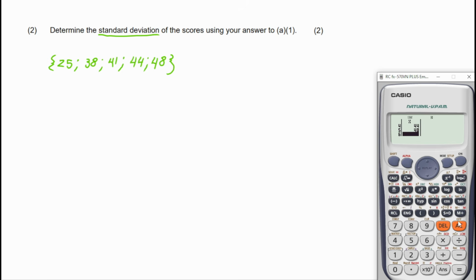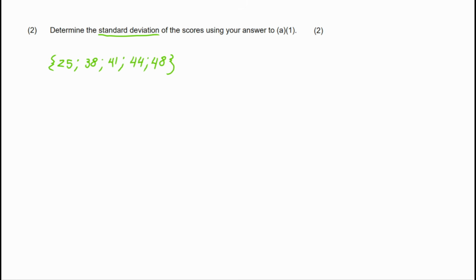There's 5 values, they're all entered, so we press AC. We go shift 1 for stat, and we're working with variance, so we press 4 for variance. Press 4, and this gives us a bunch of things. We need sigma, because sigma is standard deviation. We press 3, this gives our standard deviation, and we find that it's 7.8. So here we can write that the standard deviation, or sigma, is equal to 7.8.